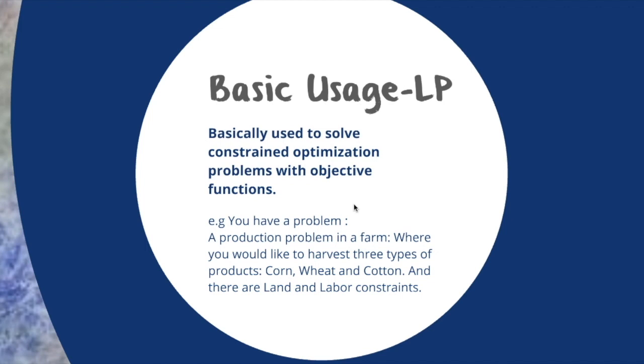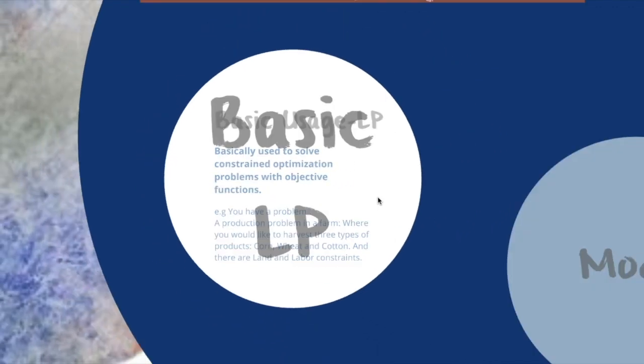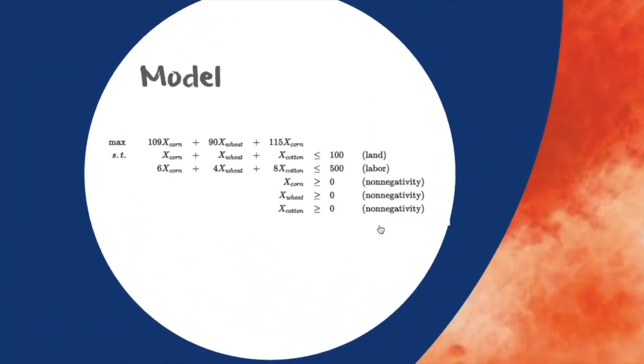Imagine you have a production problem on a farm, where you would like to harvest three types of products: corn, wheat, and cotton, and there are land and labor constraints. The numbers are on the next slide, and I think it will help you understand the concept.